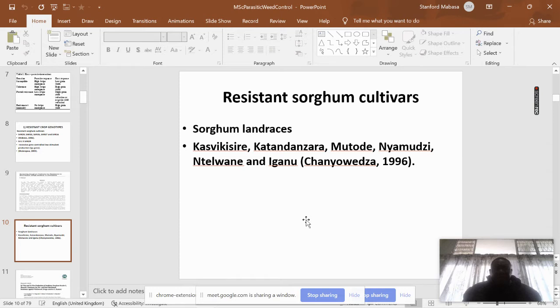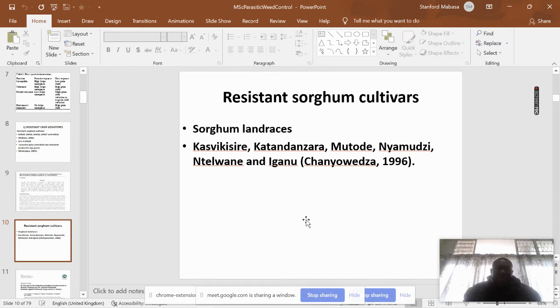Now, there are also some resistant sorghum cultivars among the sorghum land races, known as Kasvikisire, Katandanzara, Mutode, Nyamudzi, Nterwan, and Igan. These were screened by Chanyoedza in 1996.